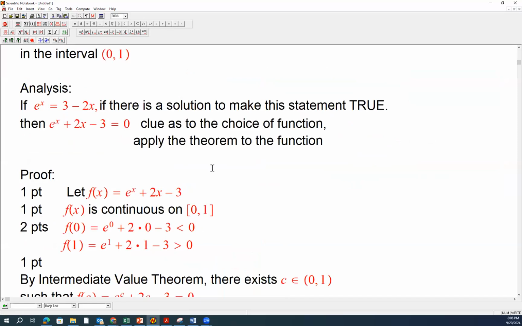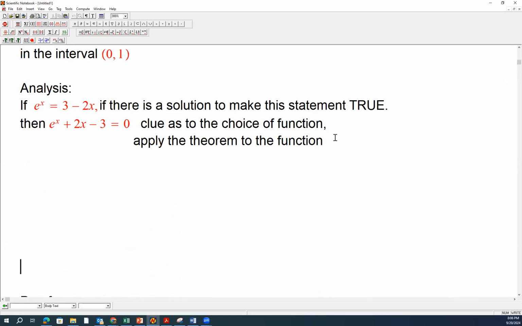But if you say, no, I'm going to choose a different function, the way I'm going to show you is not the only way. For example, you can write it this way: if this is true, you could get e to the power x plus 2x equal to 3.